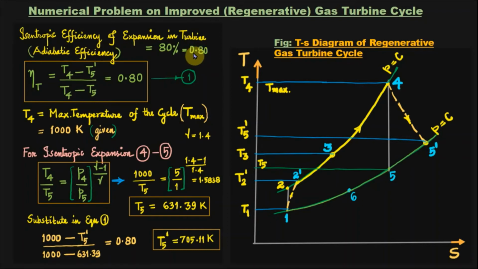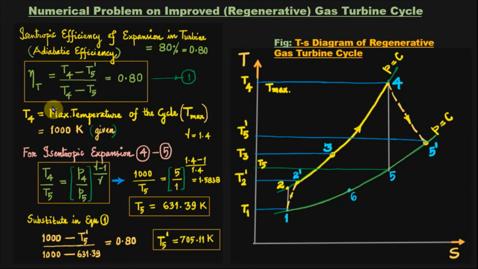So what is meant by that? Isentropic efficiency of expansion, or in this case adiabatic efficiency, is the ratio of actual work done to the isentropic work done. The actual expansion process is 4 to 5 dash and the isentropic expansion is 4 to 5, the corresponding process. So Cp of the gas multiplied by T4 minus T5 dash is the actual work done, and Cp into T4 minus T5 is the isentropic work done.